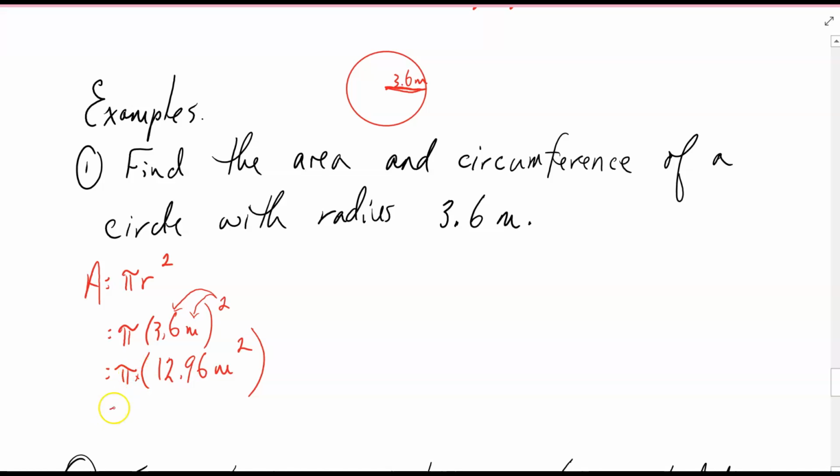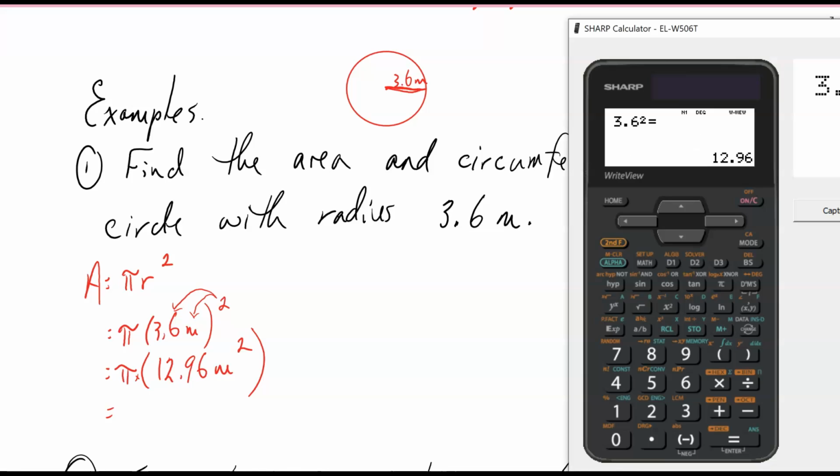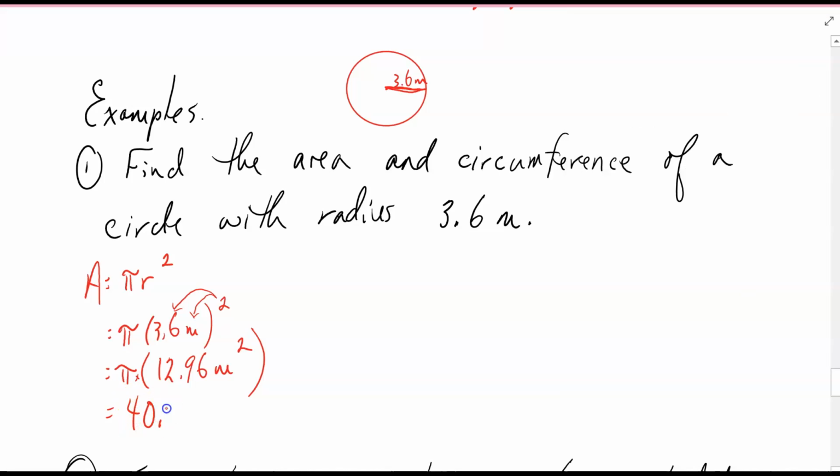So go to the calculator now, multiply 12.96 by pi. Look for pi on your calculator. On this calculator, it has its own button. On some, it is the second function of the 3 or a different second function, so take a look for pi. This calculator gives it in terms of pi, so I just use the change button to go to decimal. And we're going to call this 40.7. So the area is 40.7 meters squared.